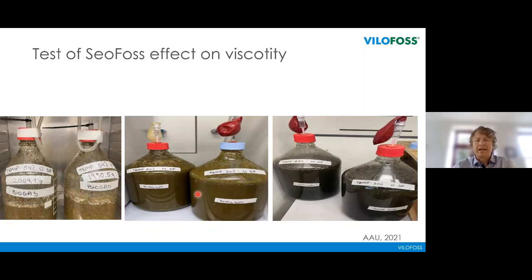Also on the cattle slurry, tested at two different temperatures. That's what we have here in the middle. And then on the very right side, we have the pig slurry, which was also tested for viscosity at two different temperatures. And that was done at Aalborg University.